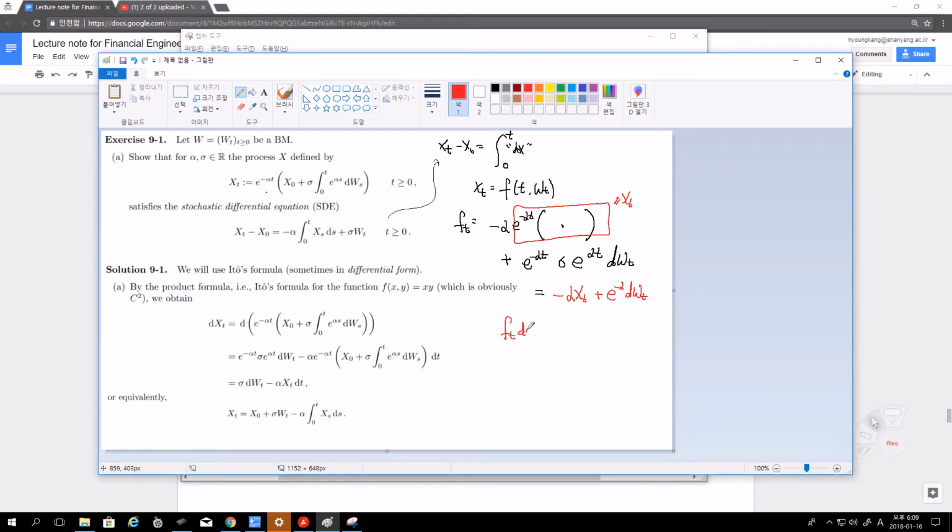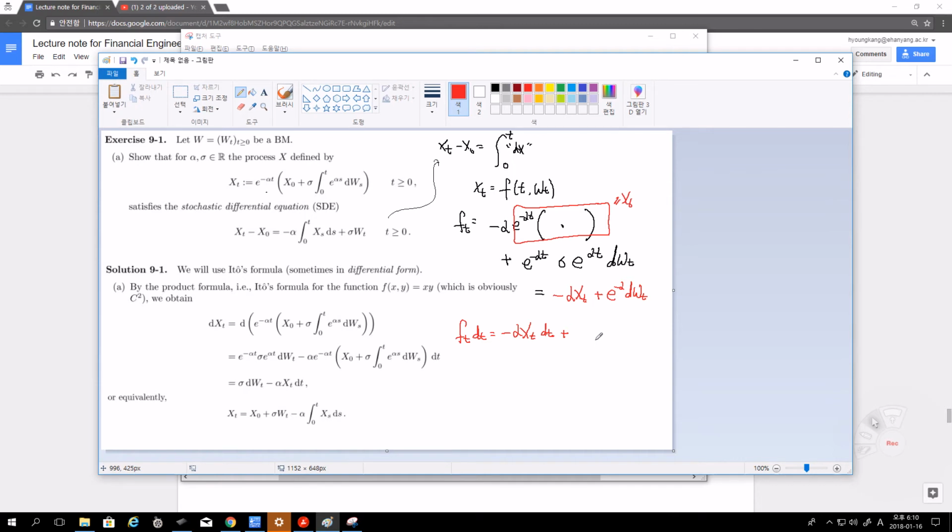So ft dt is simply minus alpha xt dt, and then plus zero plus, well, let's move over here. dt is simply now e alpha xt.